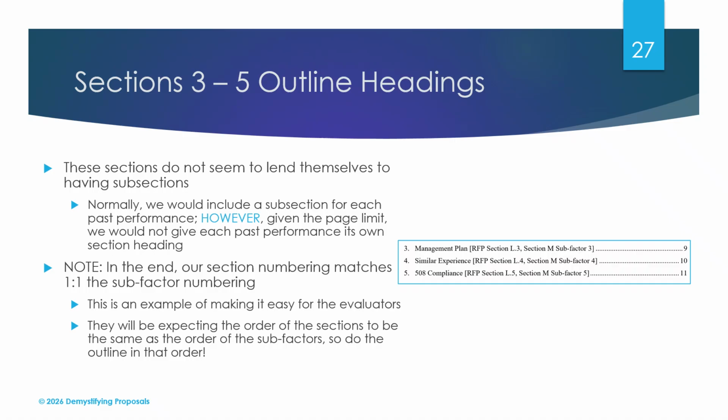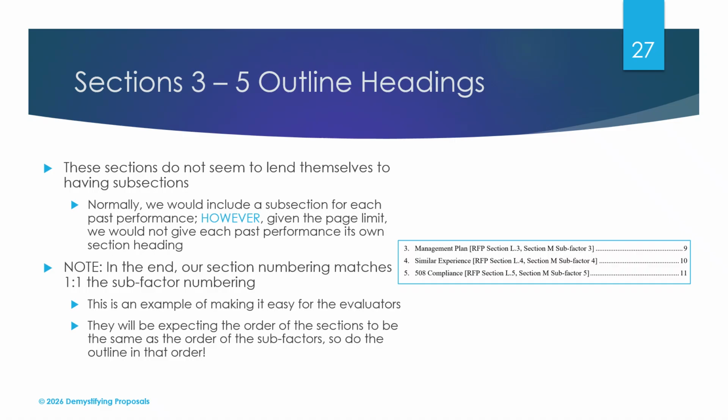So I would just do that to make life easy for everybody. But I don't think that these sections necessarily lend themselves to having subsections the way the first two subfactors did. Normally I would include a subsection for each past performance, but given that your page limits are so narrow here, I would not do that. I would not give each past performance its own section heading.